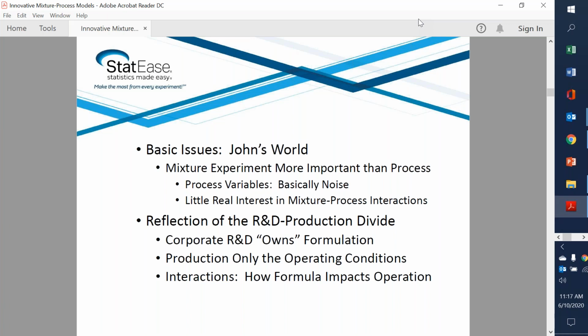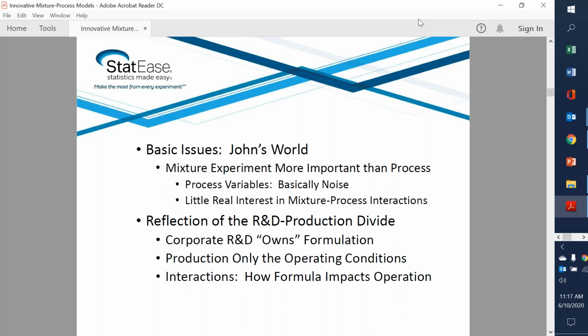I'll come back to that. But he really was viewing the process factors as the noise. And I said earlier, if you're going to fractionate for John, you fractionate the process variables because that's not the primary interest. He wants to see what's happening with the mixture.